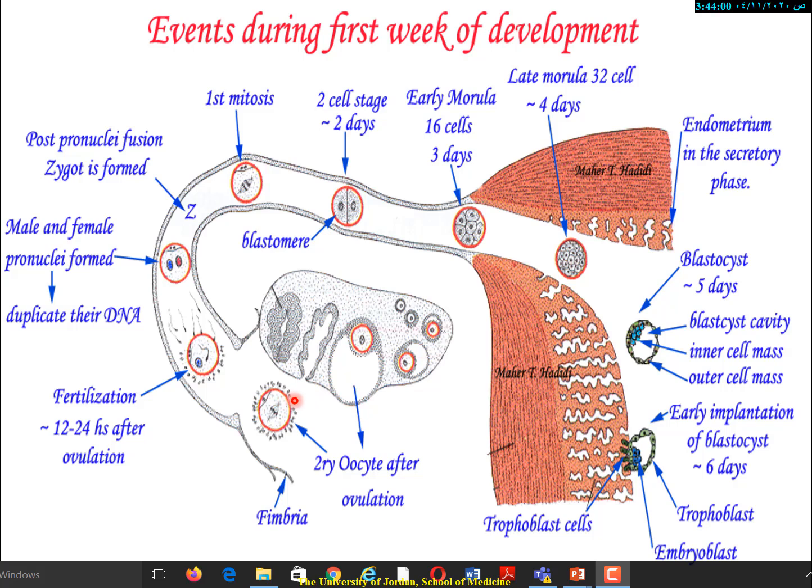As you can see, the red here is the zona pellucida, corona radiata, or what we call the cumulus ovoris.